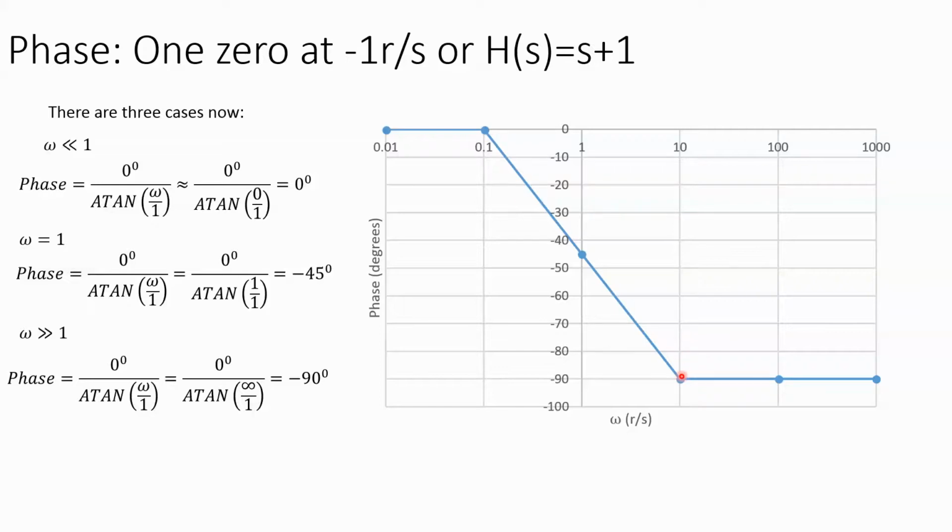And at 10 times the critical frequency, we're already up to 90. And then we don't come back down. Now, when you're plotting this, yes, this does curve some. If you were to do it in LTspice or plot out every point numerically, you would see it. But for an asymptotic plot, this is what we would see.